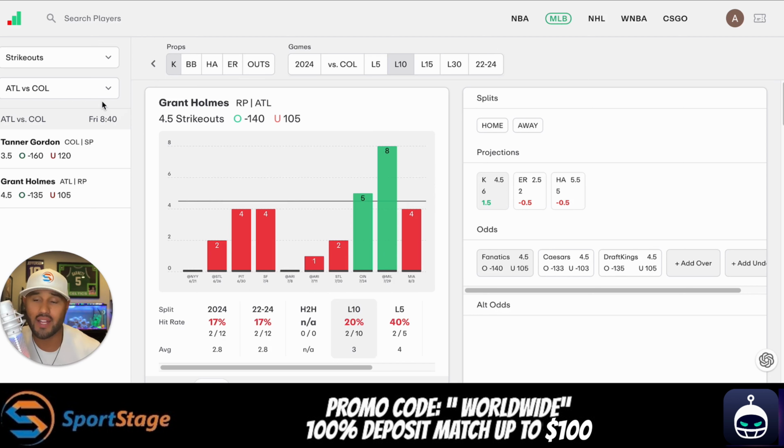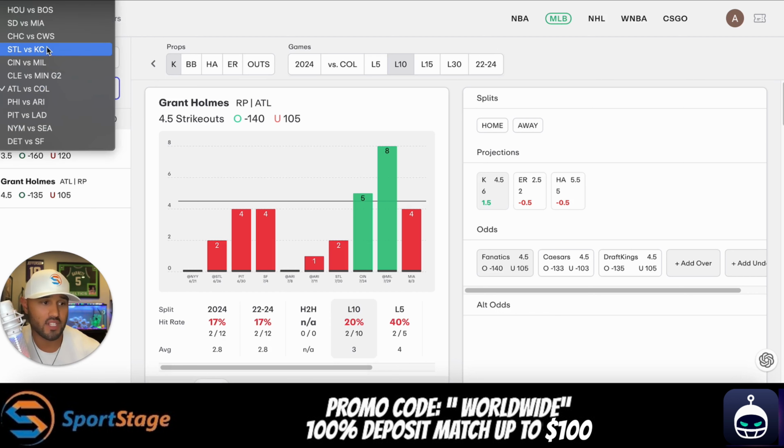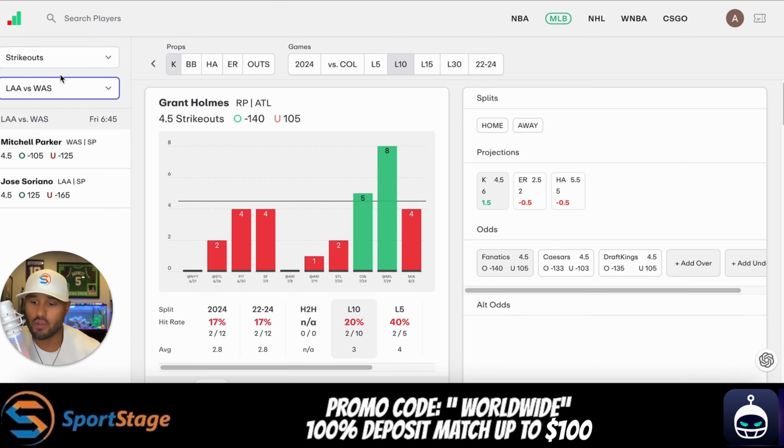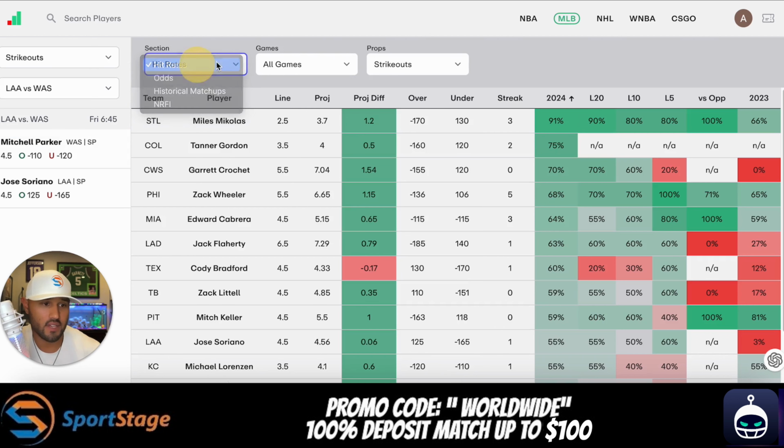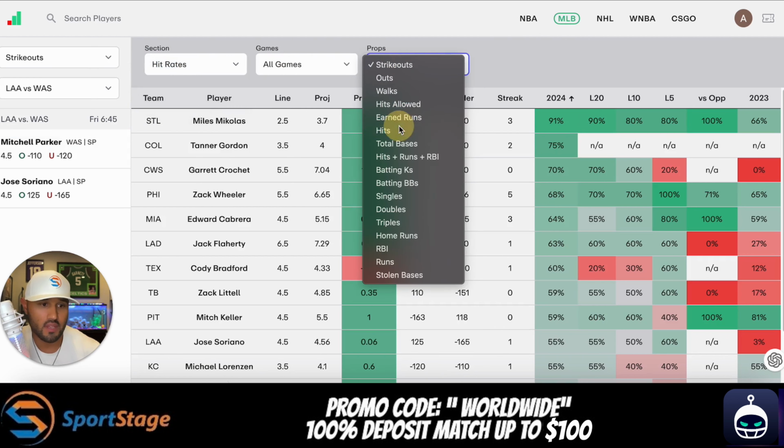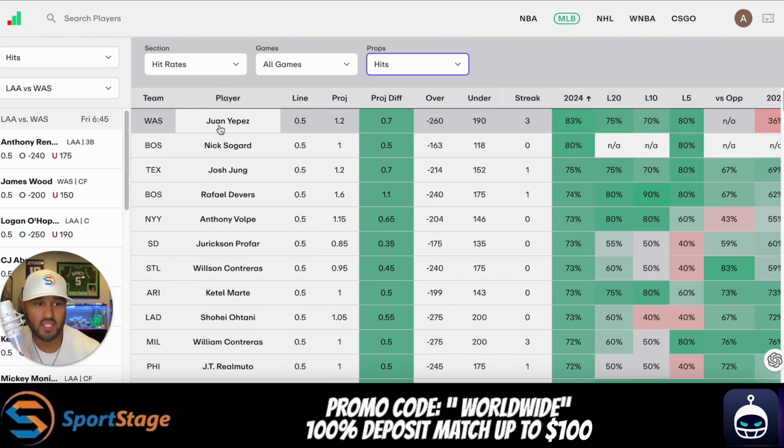Next, guys, Juan Yepez. I don't ever know how to say this dude's name. Let's move along into, where is that game? Right there. Washington. We're going on the hits line. Let's get out of pitchers. Now we're going to go to batters. Yepez. 0.7 projected differential.